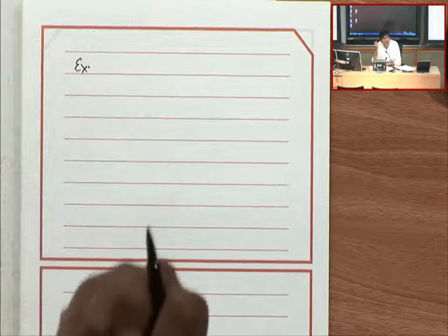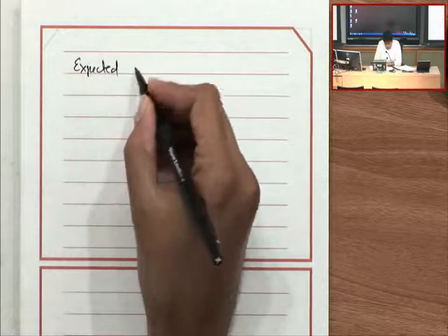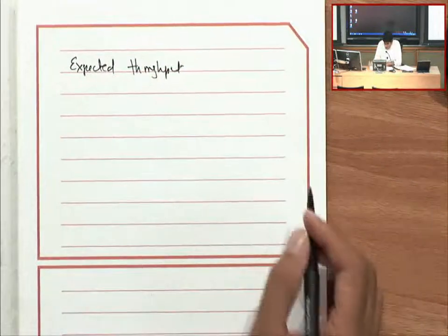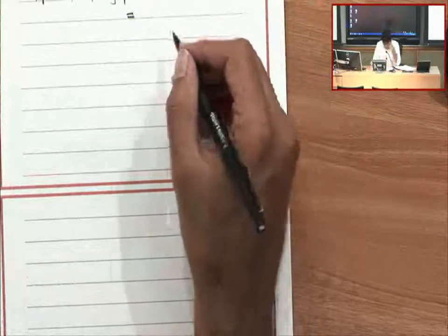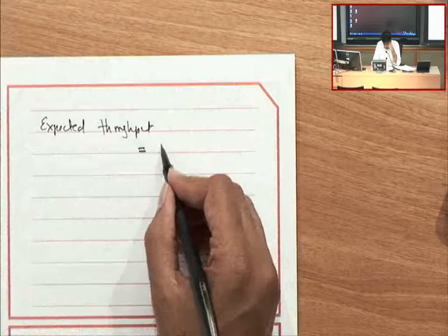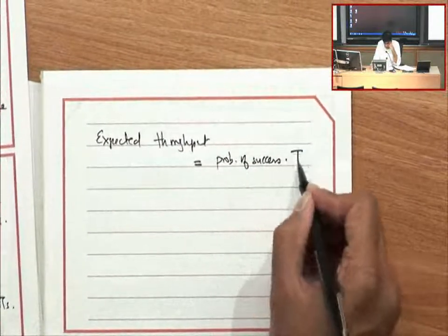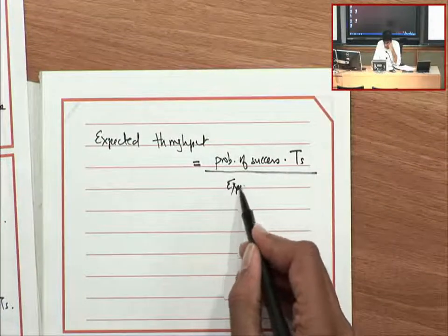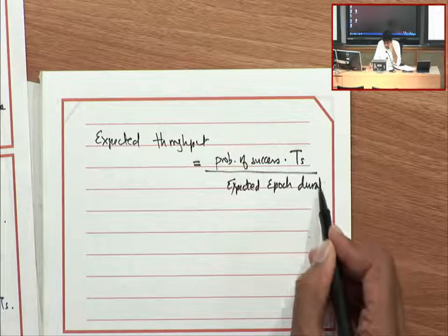So expected throughput turns out to be equal to probability of success times the success duration divided by expected epoch duration.